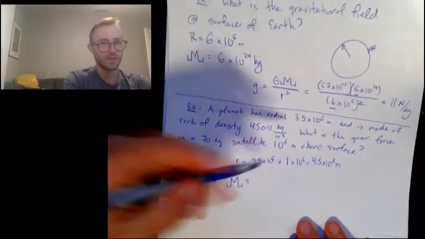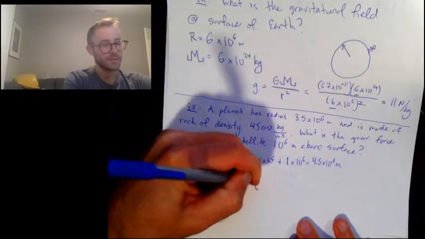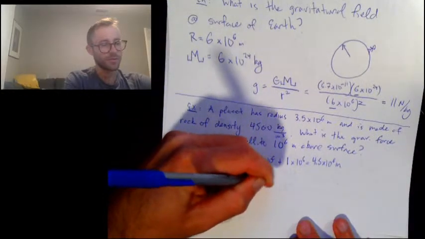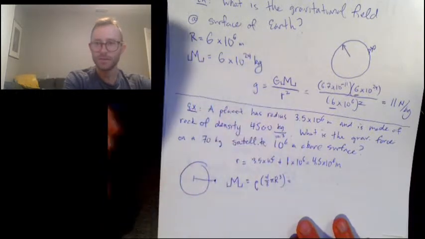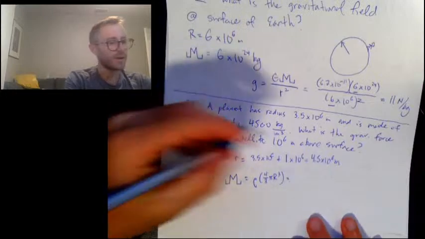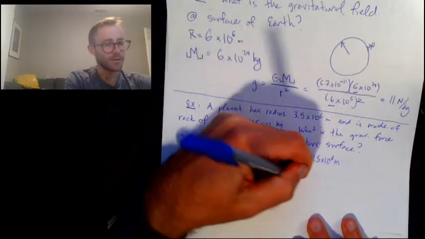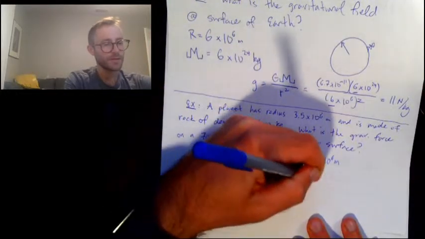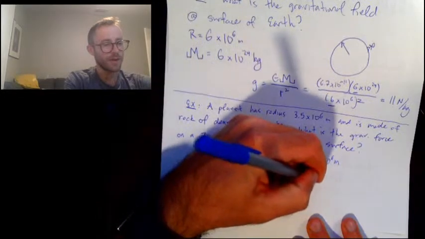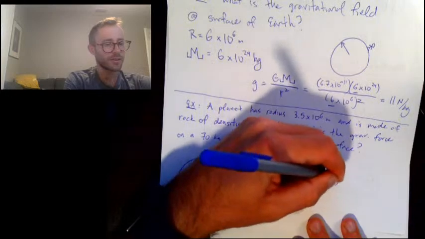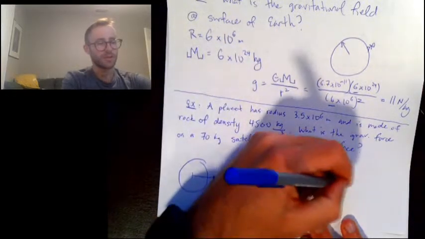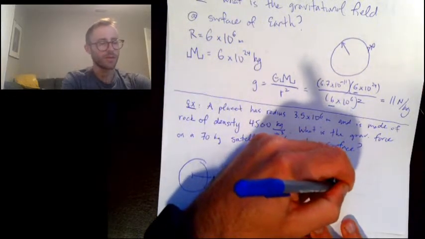So mass is going to be density times 4/3 pi r cubed. That's 4,500 times 3.5 times 10 to the 6th cubed times 4 pi over 3.